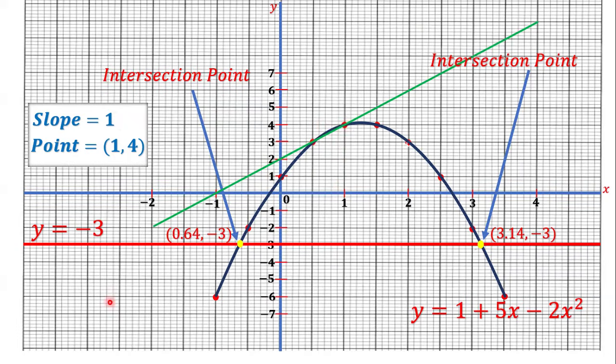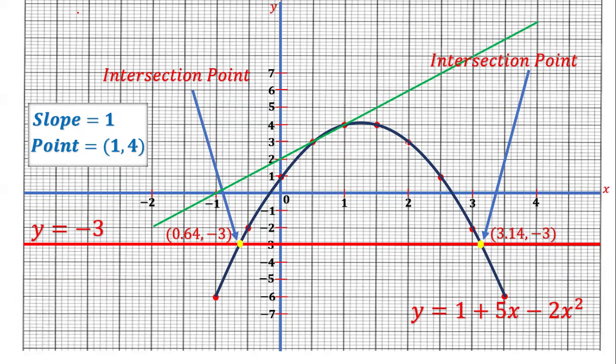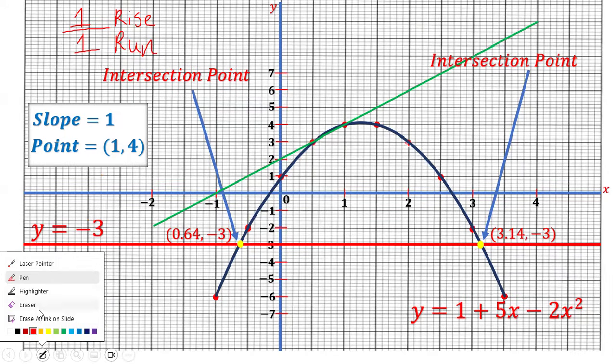And what's the slope? The slope is 1. And what does that slope of 1 mean? If you have a slope of 1, that means that you have 1 over 1, because 1 over 1 is still 1, right? That means that your rise is 1, and that means that your run is 1 as well.